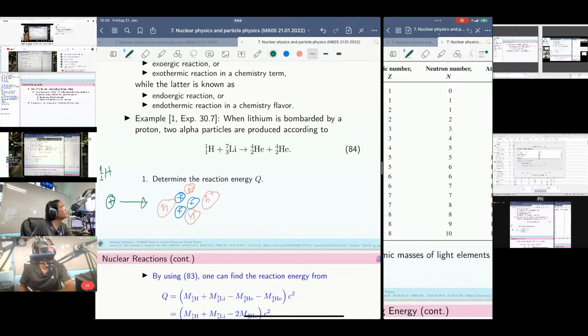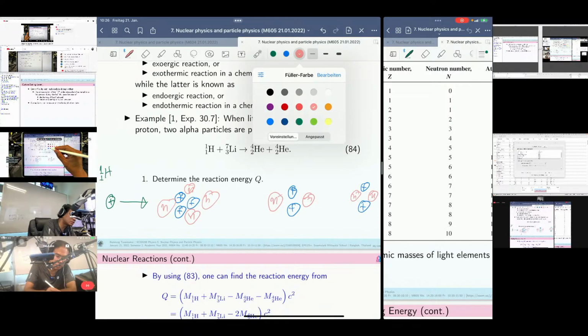This one is known as lithium 7 3, and this one is known as alpha particle, right? Helium 4 2, 2 protons and 4 nucleons. This is helium 4 2, another piece of helium 4 2. That's the whole thing in this process. It's not difficult, right? You can analyze it by yourself.